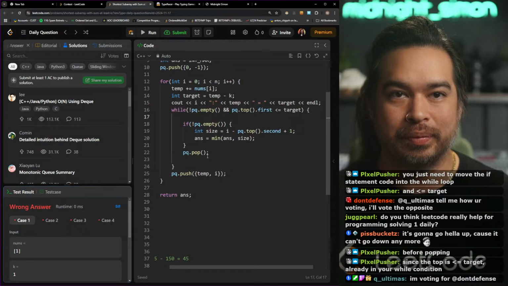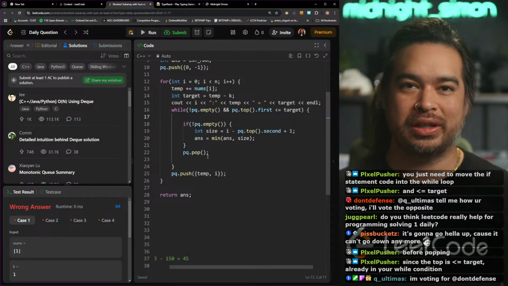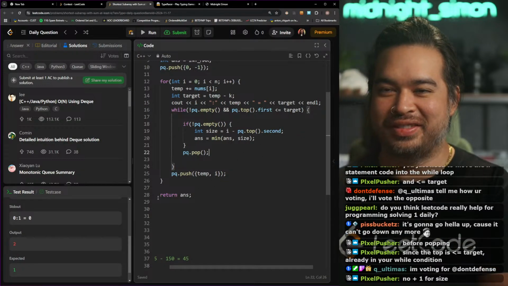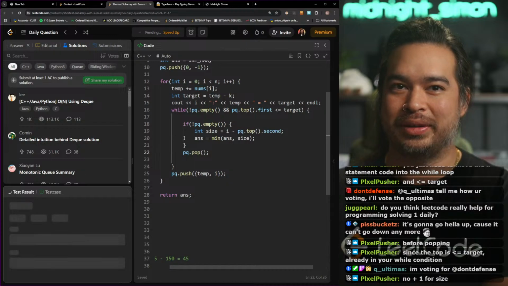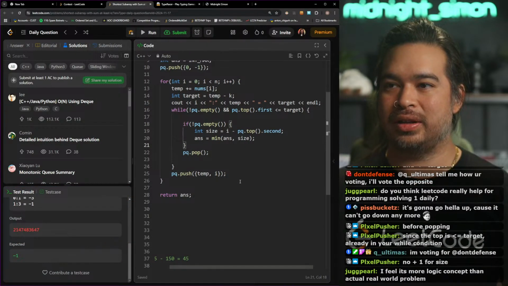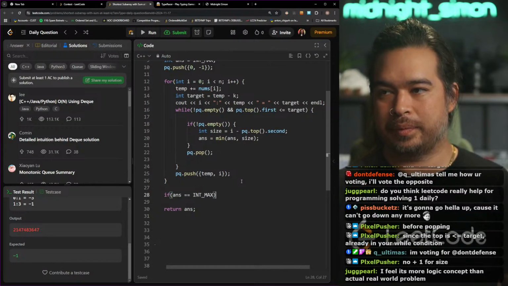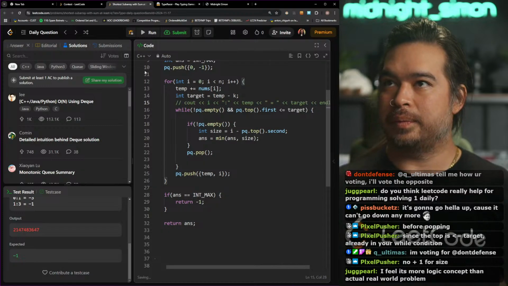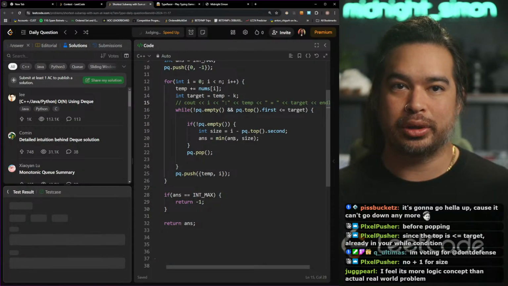Wait, Jug Pearl, do you think LeetCode really helps for programming, solving one daily? Man, I don't know. I think it's good to build up that habit. It feels more like logic concepts than actual real world problems.